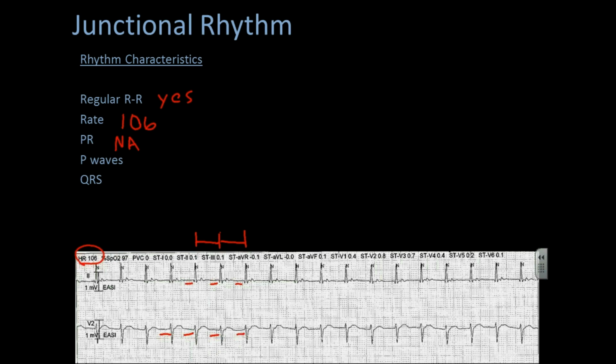Well, it looks like you can see a retrograde P wave right here. Okay, so P waves are retrograde, and the QRS is relatively narrow. So based on the rate and that we have a retrograde P wave, I'm going to say this is junctional tachycardia.